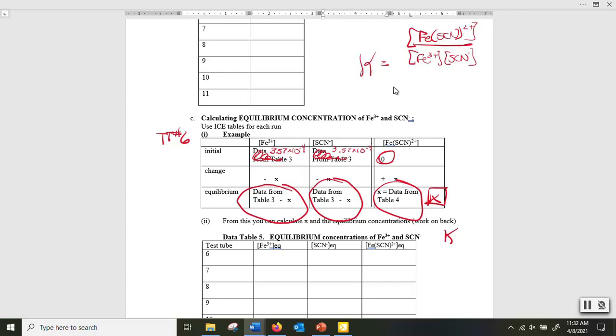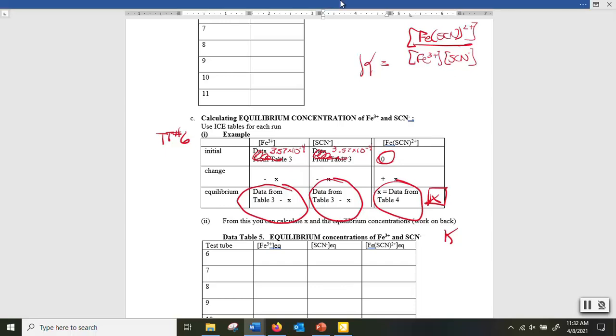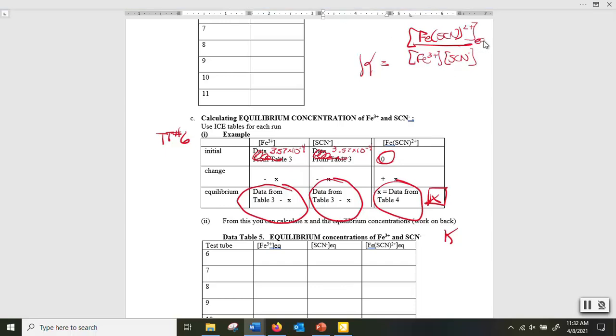Now, as far as the pre-lab goes, what you need to understand is that the pre-lab is pretty much completely ice tables. The first thing we're going to do is ask you to do the K equilibrium for this particular reaction. Oh, I just did that right there. The second thing we're going to do is ask you, hey, I've got a bunch of equilibrium data, concentrations, so when I plug it in, what's my K?